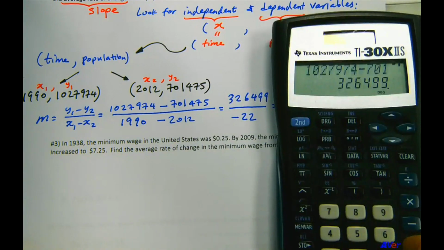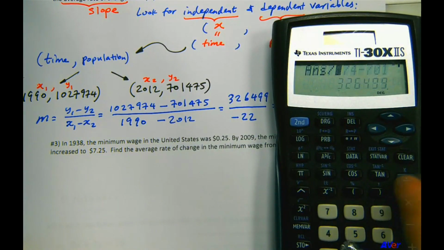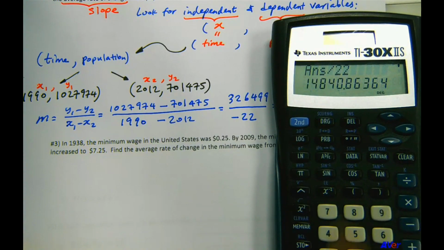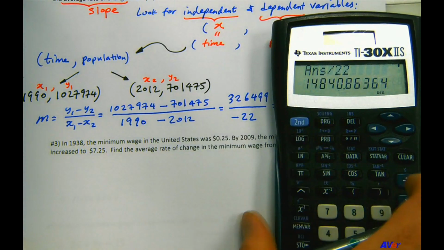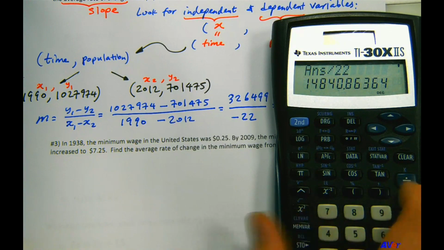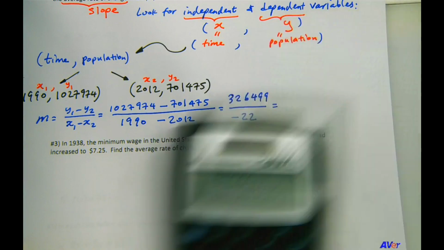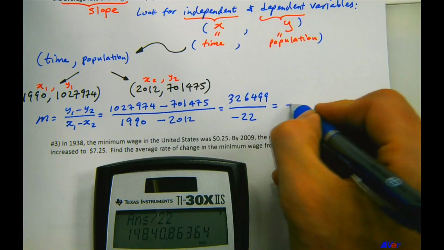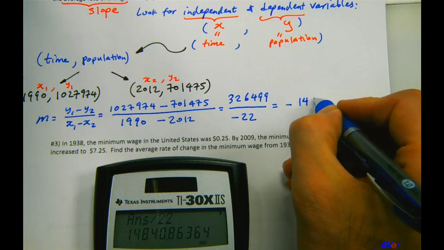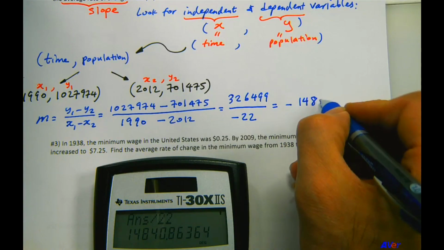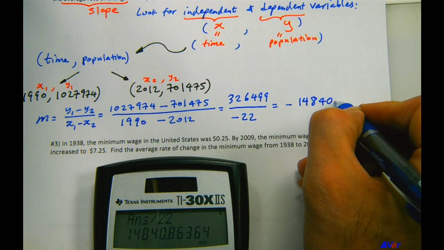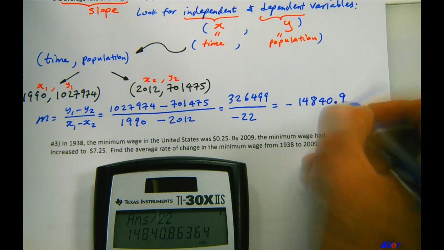Okay, so here's my number. Divide that by 22. There we have that slope: minus 14,840, and I'm going to round this to just one decimal value, 0.9.